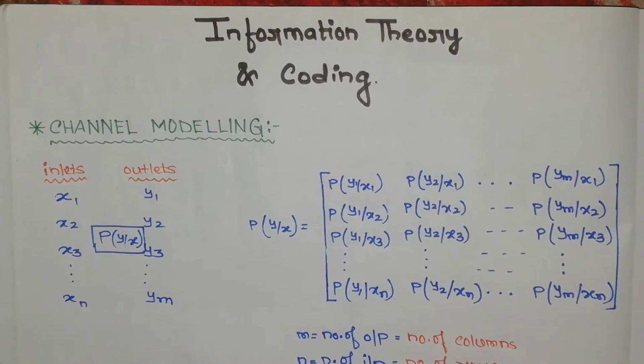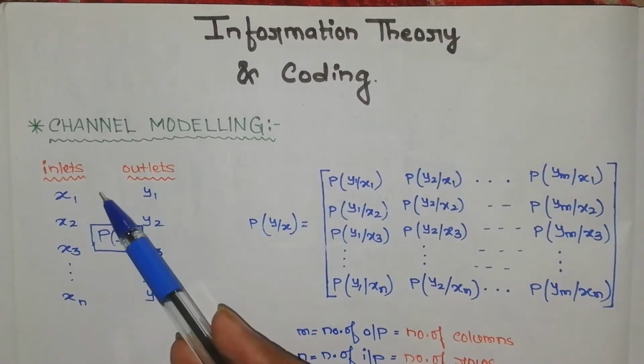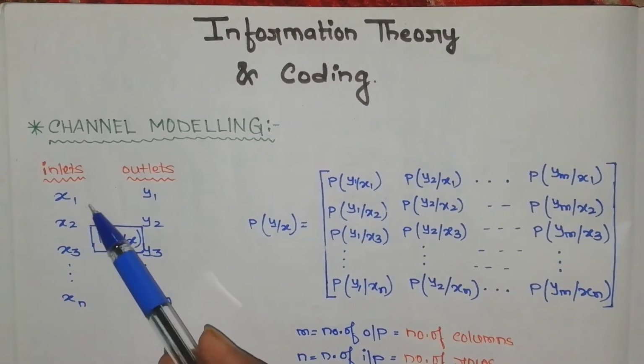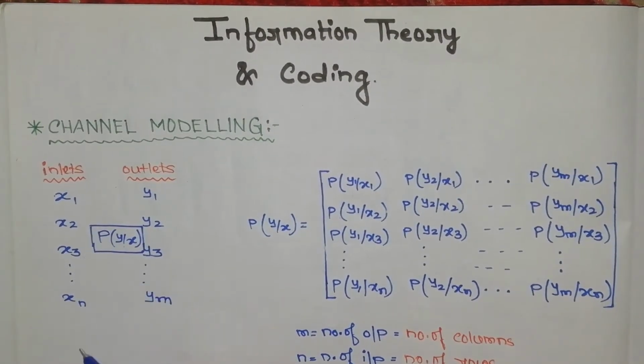Now today's topic of discussion will start from channel modeling. Now what is channel modeling? Channel modeling is nothing but the mapping of inputs, that is inlets, and outputs, that is outlets, via a transfer function. So we can consider the inlets, that is the inputs, as x1, x2, x3 up to xn.